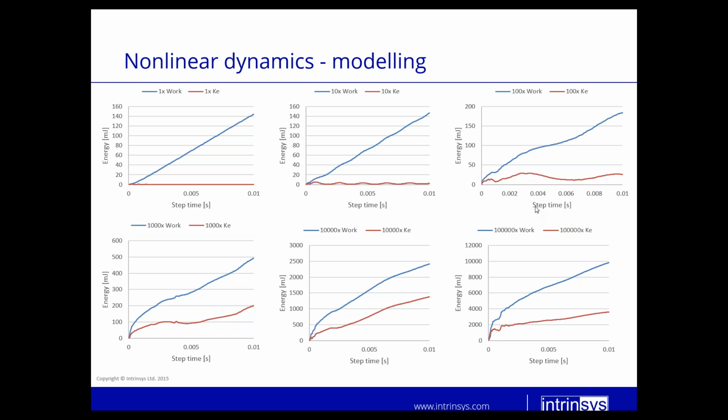Now, once we go into 100 times increased, you can see that we start to get huge effects from the kinetic energy, and as we increase the mass scaling more and more, we can see that we're not only increasing the ratio of kinetic energy to the total energy, we're also increasing the total energy that we have.